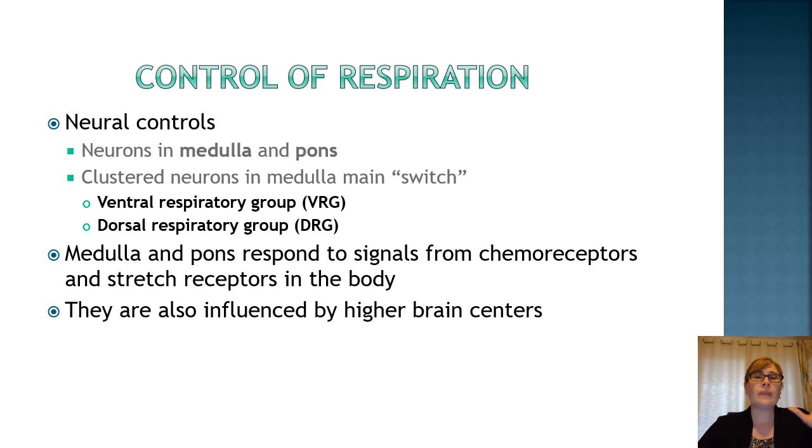The medulla is just superior to the anatomical start of the spinal cord, just superior to the level of the foramen magnum. There are clusters called the ventral respiratory group and the dorsal respiratory group, VRG and DRG. The pons also has a pontine group, which we'll talk about in a minute.